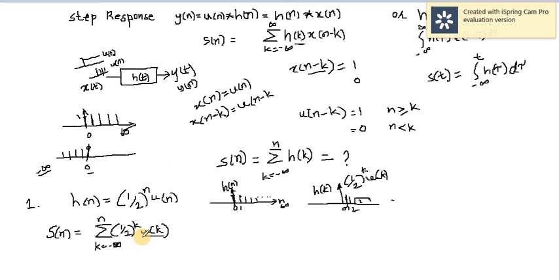So u of k is multiplied means the summation will run from k equal to 0. Let's change this lower limit from minus infinity to 0, and the upper limit would be n. So it is half raised to k.